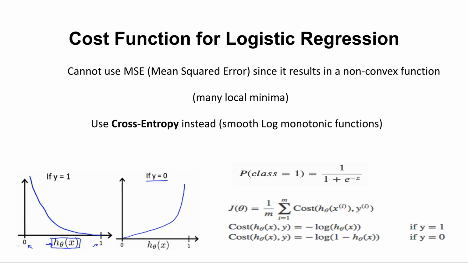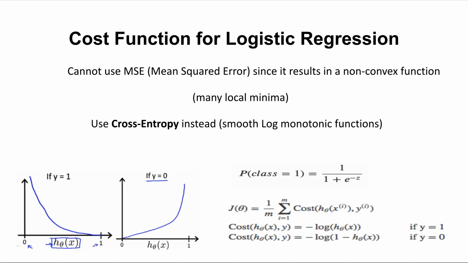On the right, you see some of the actual algebraic notation for these logarithmic functions for cross-entropy. You don't have to know this because it's definitely out of the bounds of this course. But what's going on here is that you're just separating this into two functions, right? One if y equals 1, where we're deciding on class 1, and one if y equals 0, for the other class.